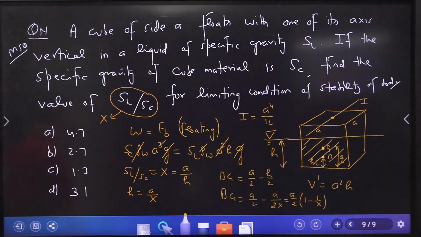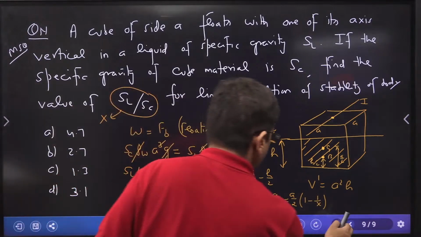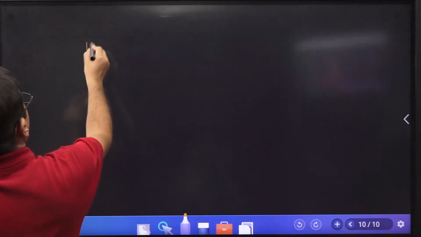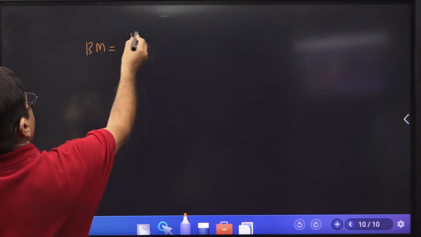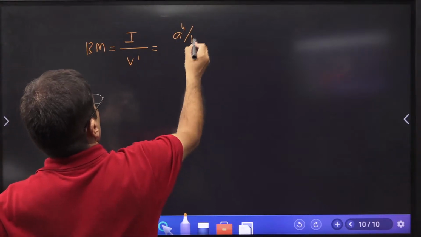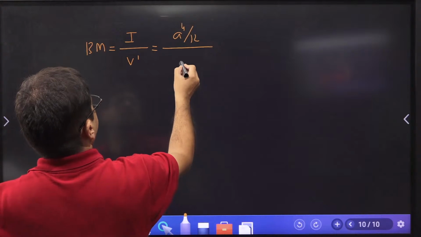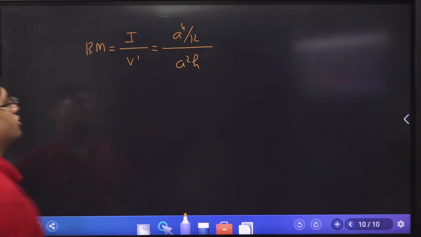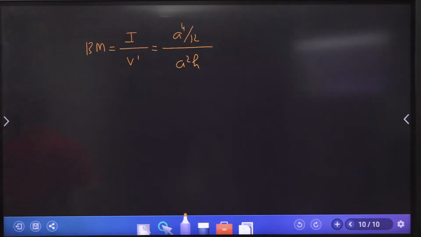That is BG. Now what is BM? This is nothing but I over V dash. How much did we get for I? A raised to power 4 by 12. And what is V dash? A square into h.